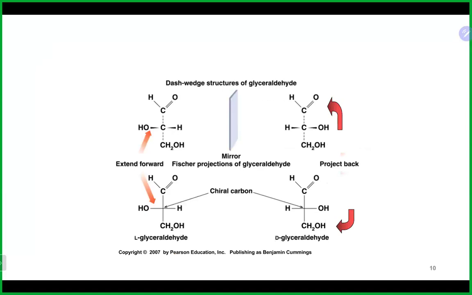Once again, also with carbohydrates, this is very commonly how carbons are drawn, where lines intersect, that's a carbon. So that's what we see here. Right here is a carbon. In this case, we have this group above the carbon, which is different from the hydrogen, which is different from the OH, which is different from this group here.